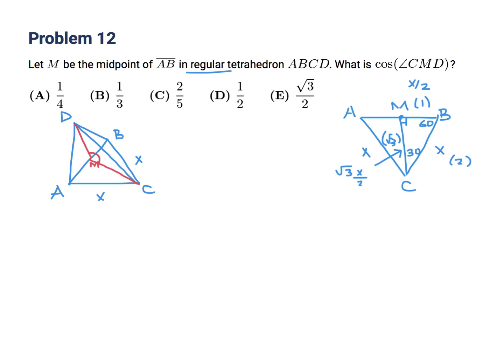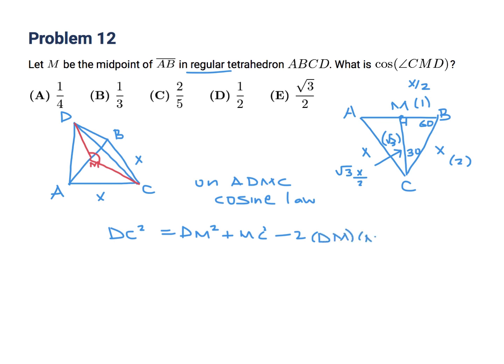So now let's use the cosine law, and we're going to use it on that triangle DMC. All right, so here we go. So that means that DC squared is equal to DM squared plus MC squared minus 2 DM times MC times the cos of CMD, that angle.